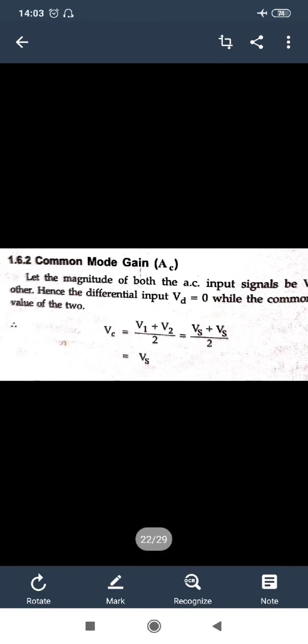Common mode gain: suppose we take the output in common mode, then Vd is equal to 0, meaning we take the average input, V1 plus V2 by 2, so Vs plus Vs divided by 2, that is Vs. We take the transistor AC equivalent circuit model where Vs is the input, with the resistance Re. The 2 emitter currents of the transistors flow in the same mode, so the total twice IE current flows through Re.